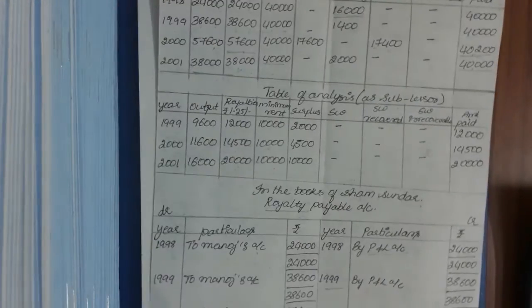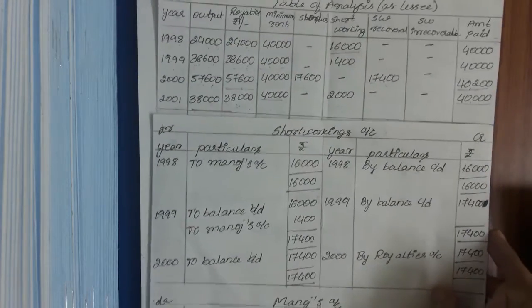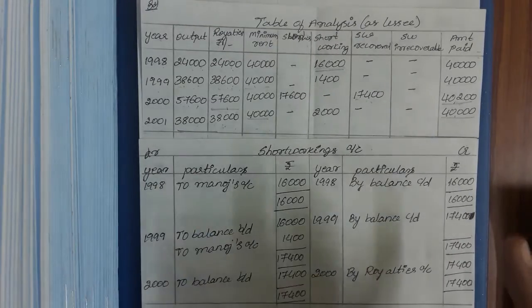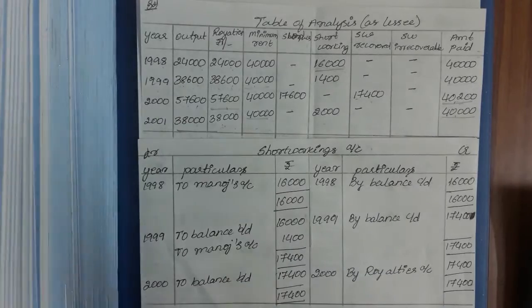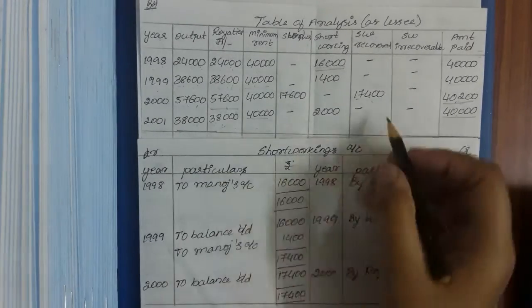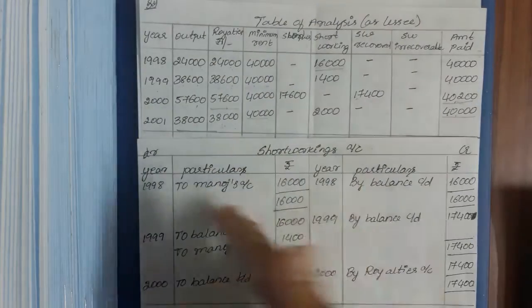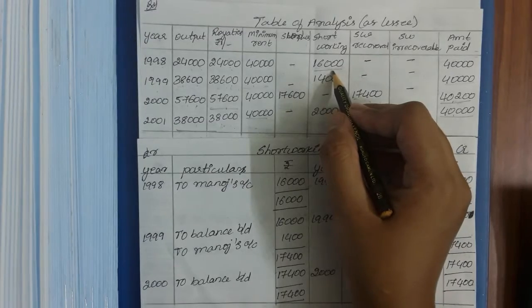So next we need to prepare what account? Short workings account. How to prepare the short workings account? First you take where there is a short working. Where there is short workings, recoverability and irrecoverability we will be preparing in the short workings account, okay? So there is a short working over here.